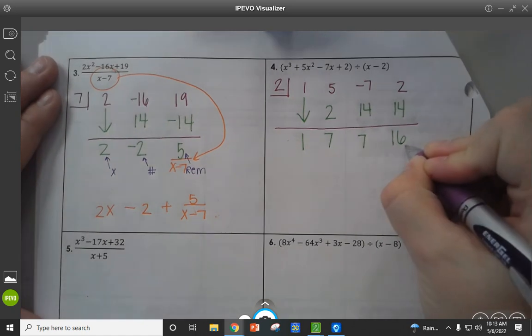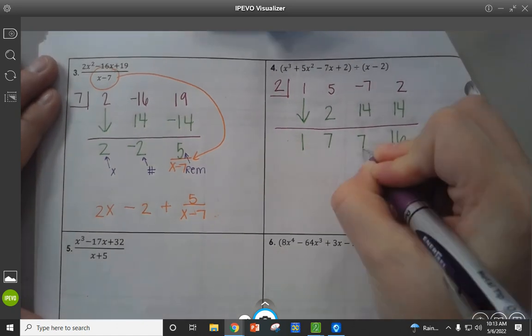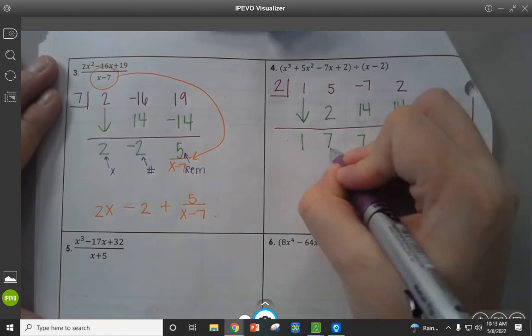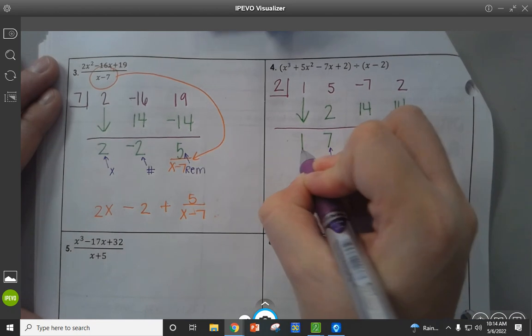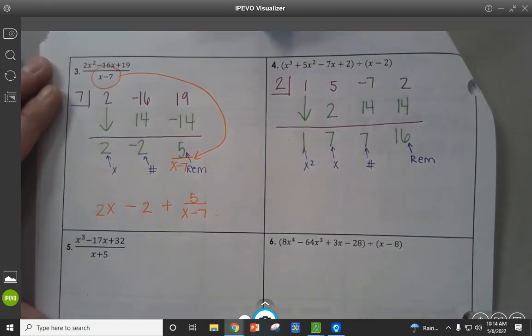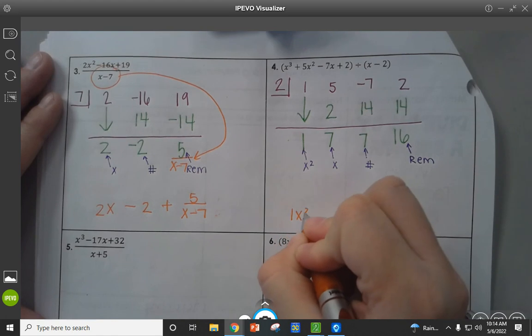All right, this last number is my remainder. This one is just a plain number. What does this one get? Then I get an x squared. So my final answer is 1x squared.